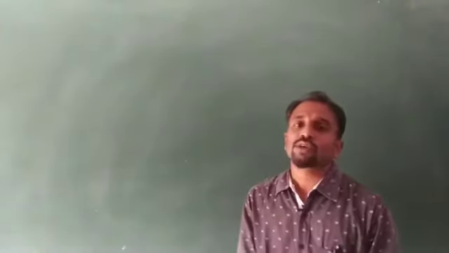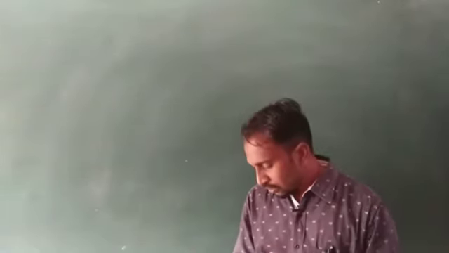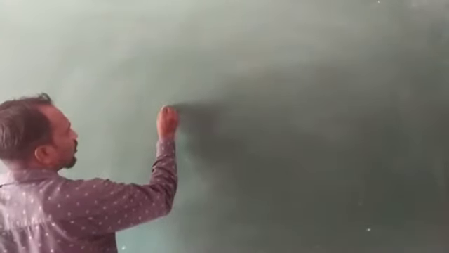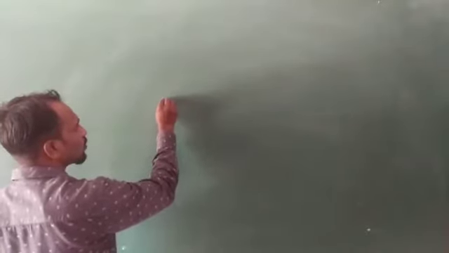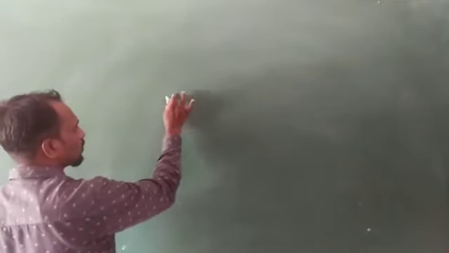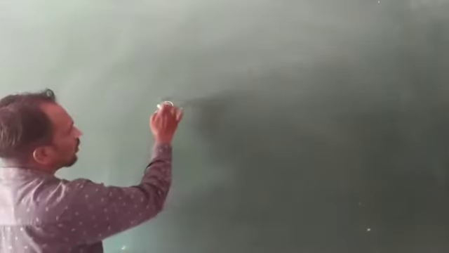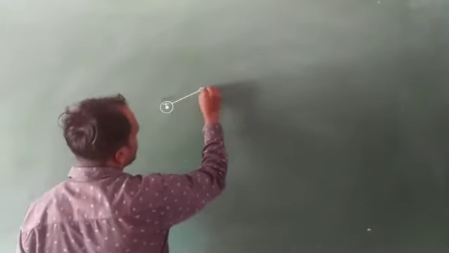Before going to electric potential, first we need to know the electric field. This one is a charged particle. If we consider an electron it is a negative charge particle, or a proton, a positive charge particle. For example, here we consider a positive charge particle. Suppose these are electric field lines.